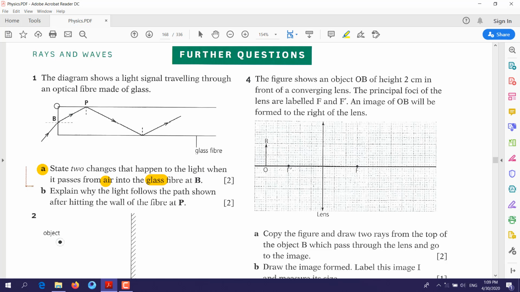We call it total internal reflection. So the light follows this path because it is totally internally reflected.